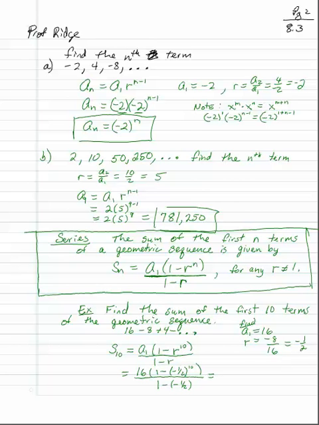So negative 1/2 to the 10th power, we have to do order of operations, is positive 1 over 1024. 1 minus a negative 1/2 is positive 3/2. Okay, and then we can do all the scratch work for this. If we want to leave it as a fraction, you're going to get 341 over 32. And you're all done.